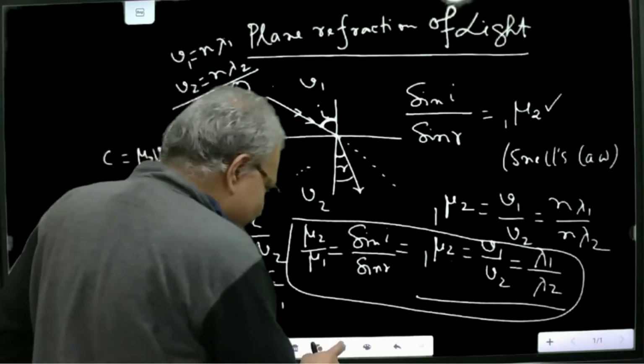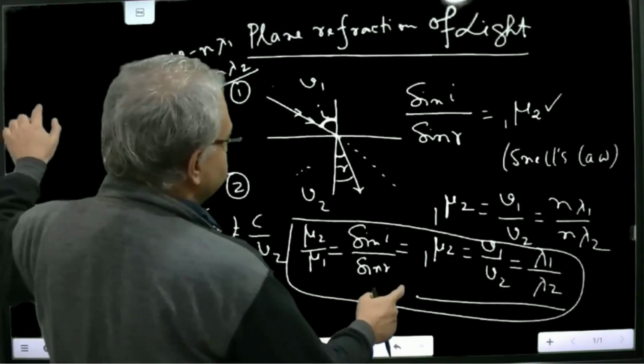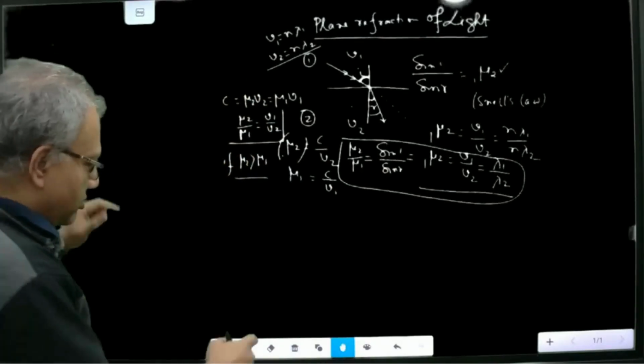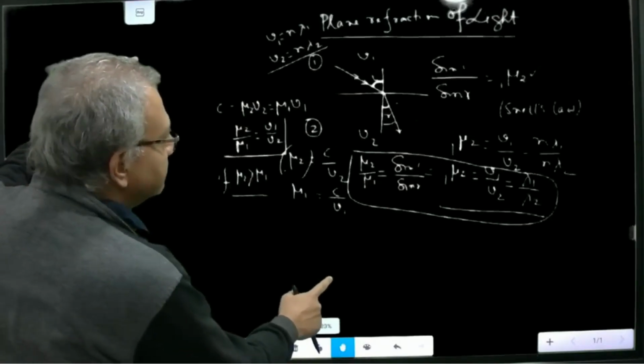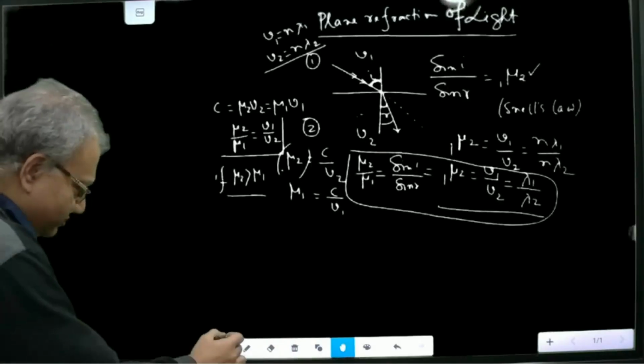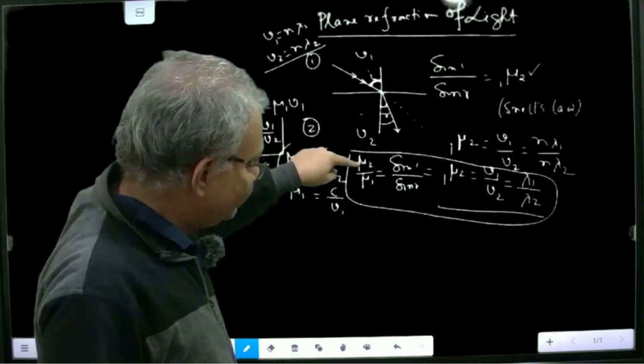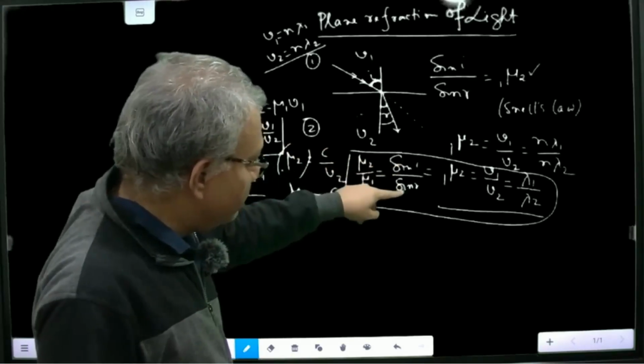So I'm going to reduce the shape a little bit. Now let me make it a bit bigger. Now see what I get.